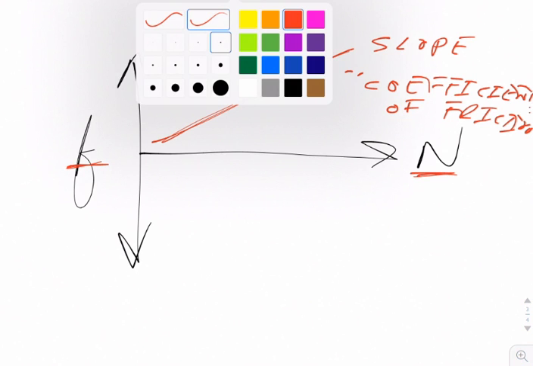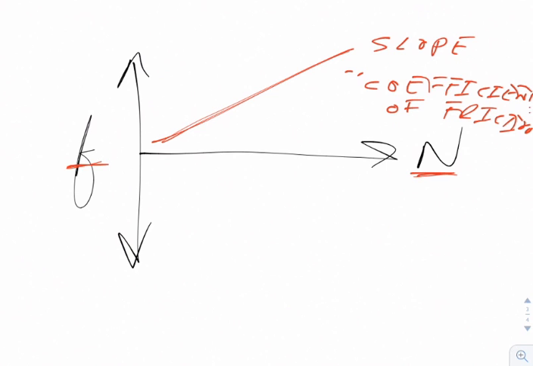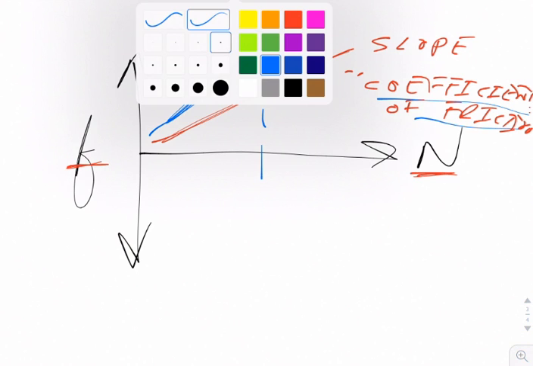And so imagine another two surfaces that are rubbing next to each other that have a slope like this. Well, for the same normal force, it has a higher frictional force. And so it would have a larger coefficient of friction. And typically things with high coefficients of friction are rough or sticky.